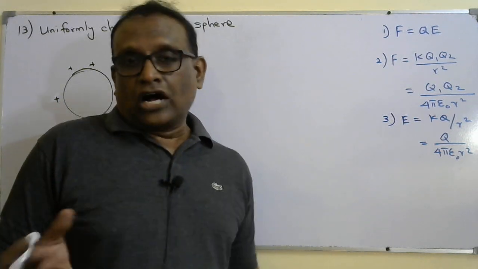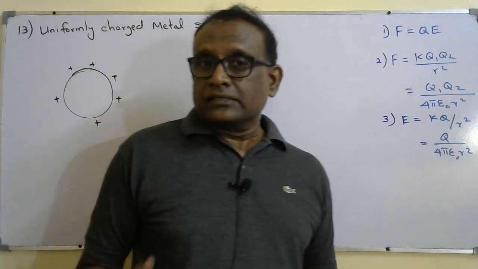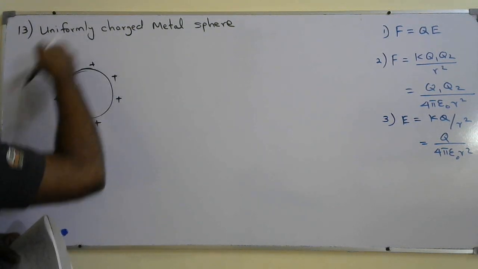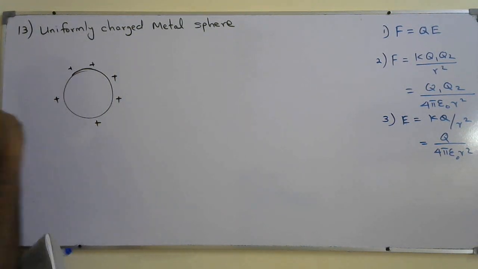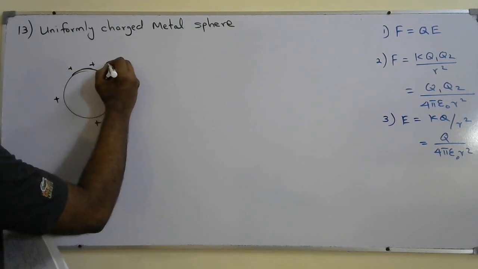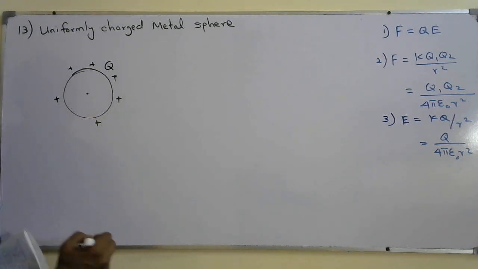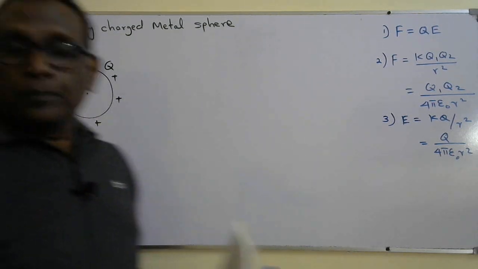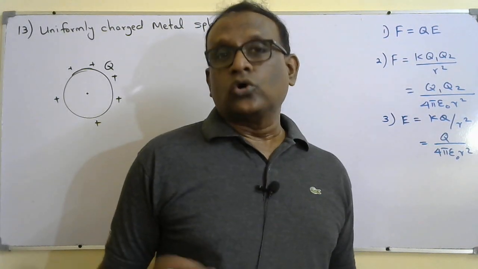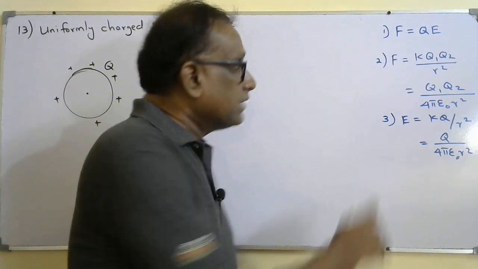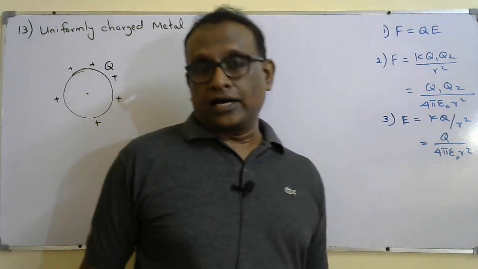There, Gauss law is not in your syllabus, but we should assume the total charge, uniformly distributed on the surface, if it is Q, we can assume the whole charge is concentrated at the center, but it's not actually. But according to Gauss law, we can assume the whole charge is concentrated at the center, and we can use the equation E equal kq over r squared.